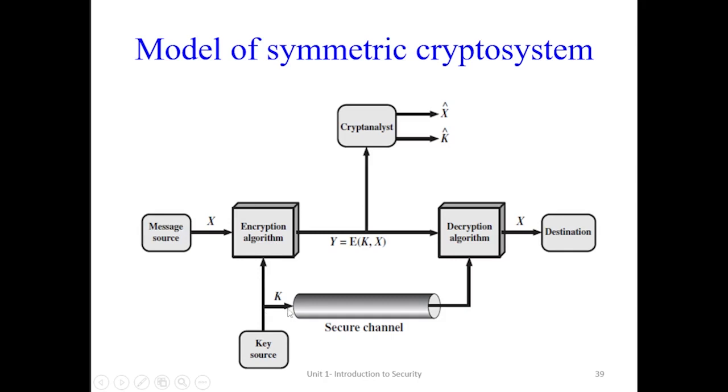The same key should be used at the receiver side, so there is a need of passing that key to the receiver in a separate channel, and that channel should also be a secured one. So here K is passed to the receiver side, but K is not passed as plain. It should be encrypted, and that should be retrieved by the receiver. The role of cryptanalysis is that from the ciphertext, the cryptanalyst may be able to identify the key or the plain text without using the encryption algorithm. So that is the main job of the cryptanalyst.